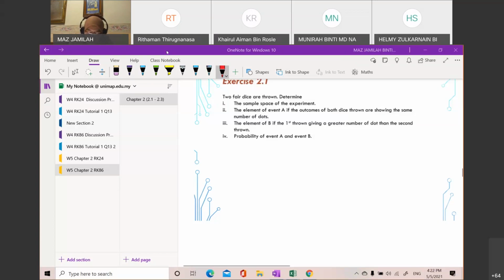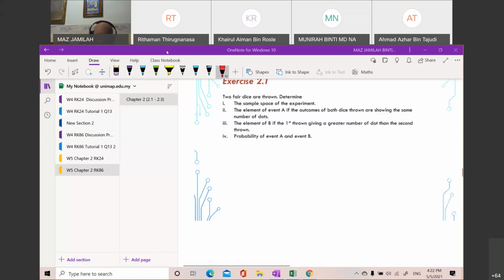Second, determine the elements of event A if the outcomes of both dice thrown show the same dots. So if you are talking about the same dots, that will be 1,1; 2,2; 3,3; 4,4; 5,5; and 6,6. So event A is having the same dots.